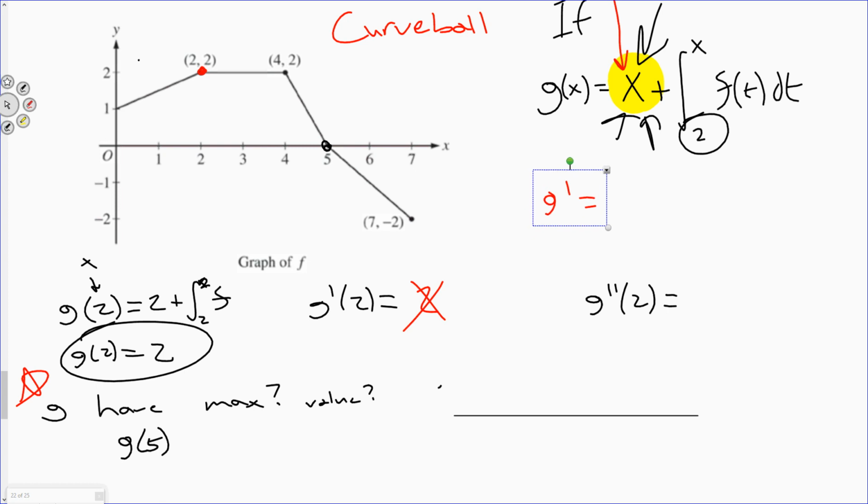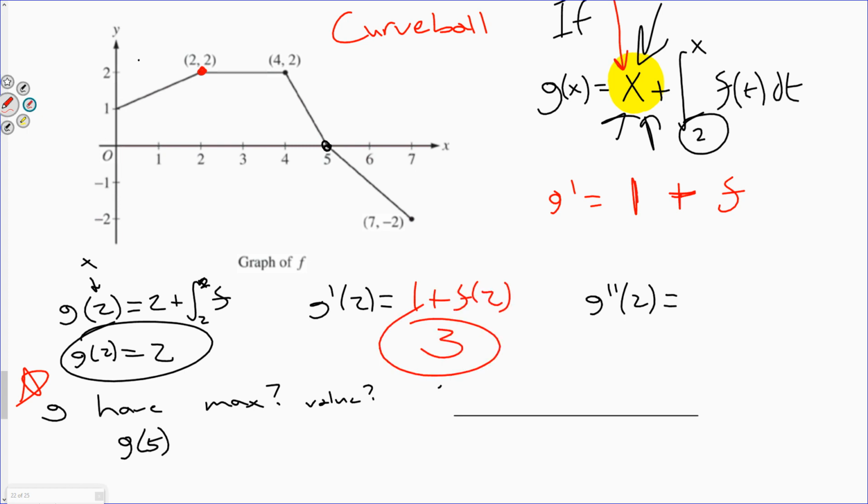Paul Rock, I heard you, and you're right on top of it. 1 is the derivative of x plus f, which means g prime of 2 is not just the value of f at 2, it's 1 plus the value of f of 2, which means my answer is 3. Which means this derivative of g has to be analyzed as 1 plus f.